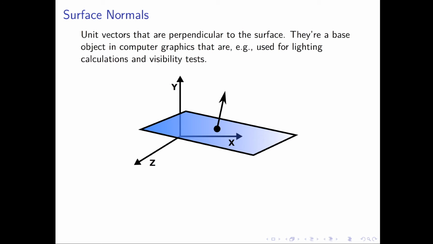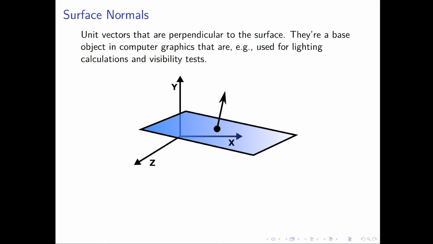When we're talking about triangles, those triangles are made up of vertex positions, so 3D positions in space. And associated with each triangle or each surface, there's something called a normal vector or a surface normal vector. They're like a base primitive in computer graphics. They're used for lighting calculations, for visibility tests, but also for all sorts of other things.